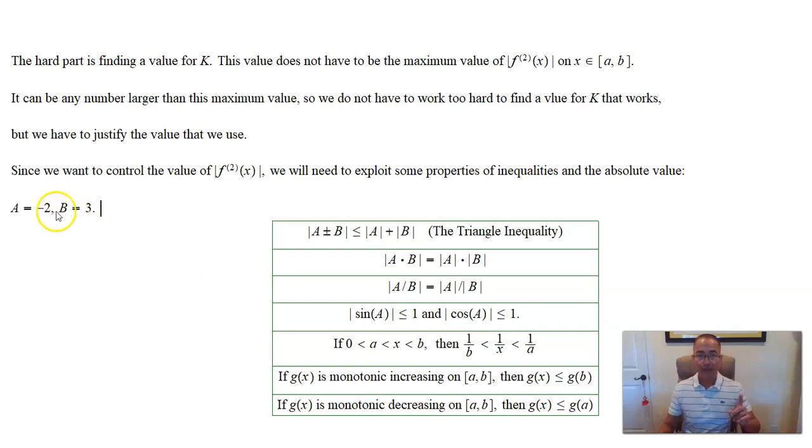But the absolute value of negative 2 is, again, positive 2, and the absolute value of 3 is positive 3. So on the left side, you will get 1, and on the right side, you're going to get 2 plus 3. Is it true that 1 is less than or equal to 2 plus 3? Yes, of course that's true.